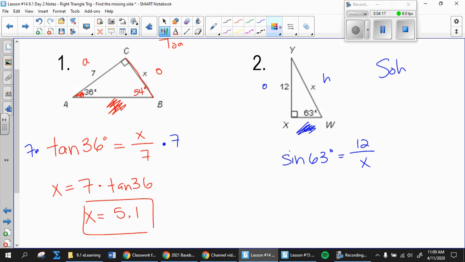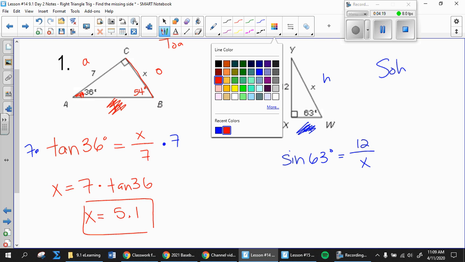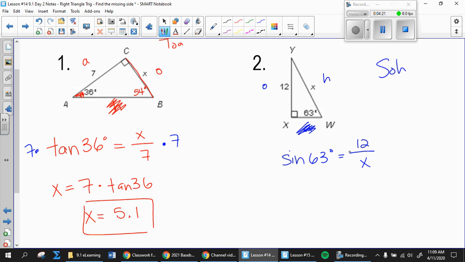Now, this is a little bit different because I'm not dividing by 12 here, so I can't multiply both sides by 12. I have to do two different steps to get this x by itself. Some people put sine of 63 over 1 and cross multiply. That's fine.